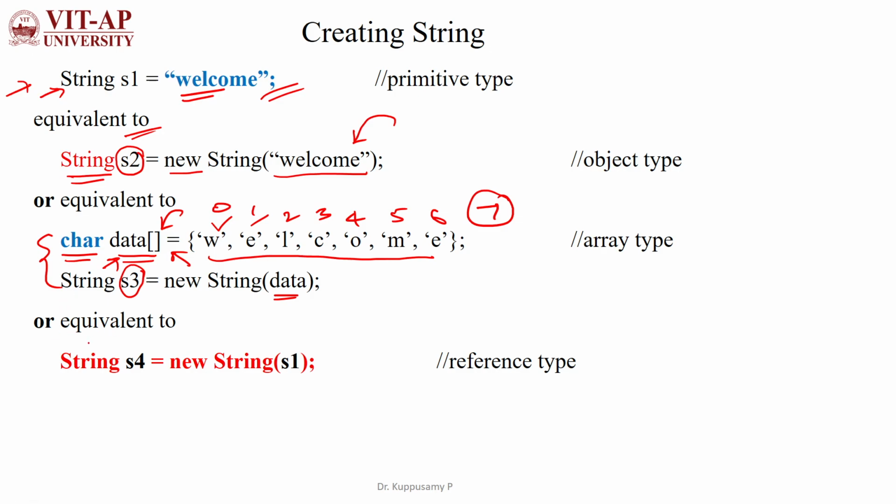Look at s4, the string variable which we are creating from s1. This is the primitive data type. S1 is converted into the String class variable, that is an object, right? The s1 is assigned to the s4 variable, that is called referencing the value.